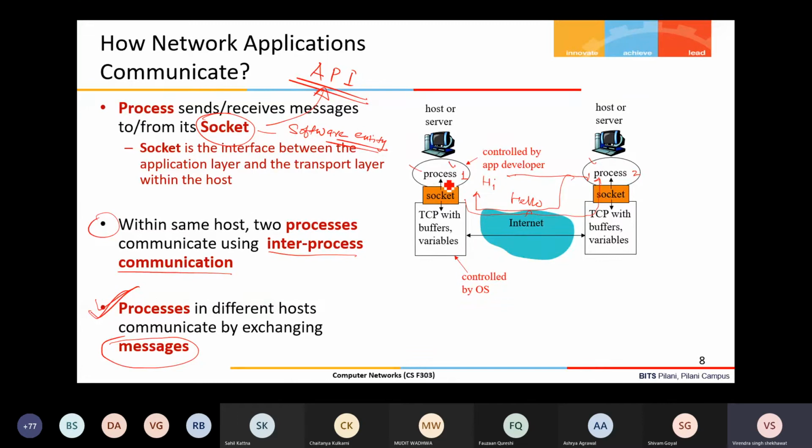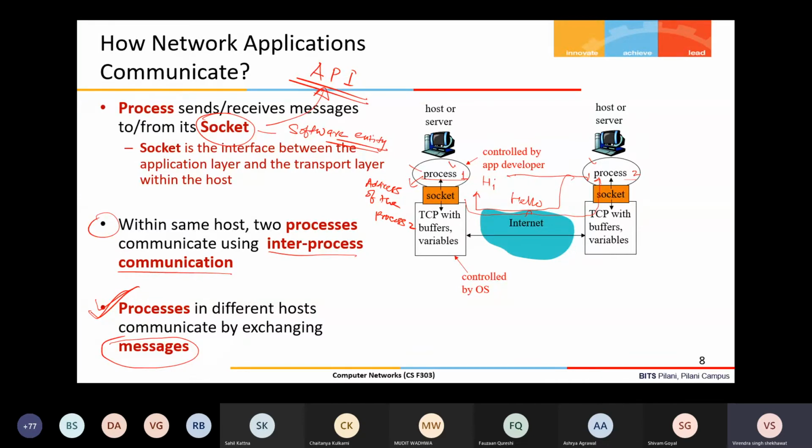Now process 1 wants to send some message to process 2, so it needs the address of process 2. Like when you send a letter, or in today's context you send a mail, you need a destination address.